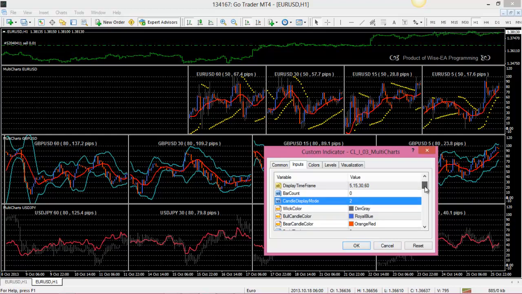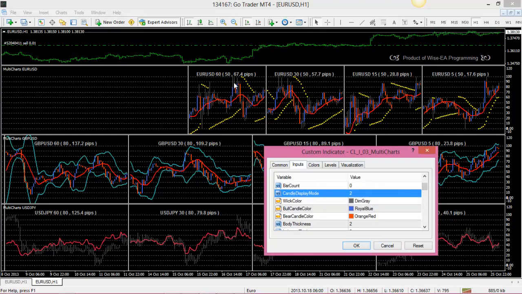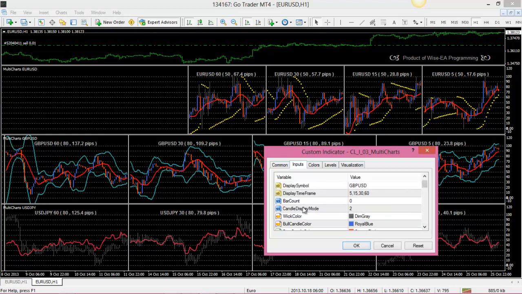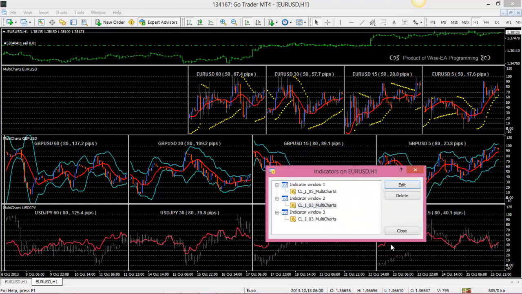This basically shows how we want to display the candles. And I have 3 colors for you to choose: wick color, bull candle color, bear candle color, and then body thickness. Okay, so first let's take a look at the candle display mode.